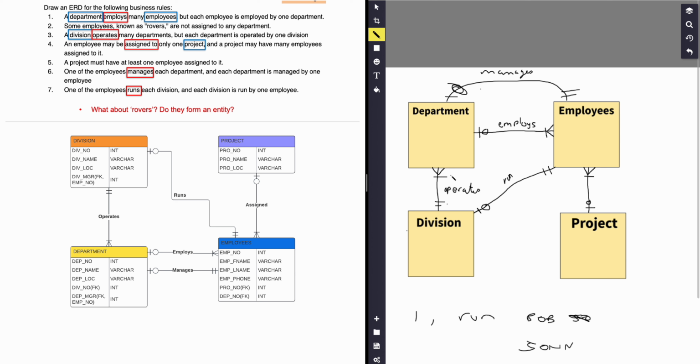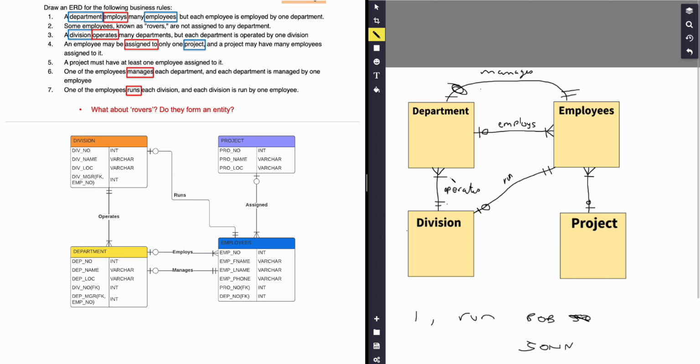So just remember that if you leave some of these things out, that's perfectly fine. Normally what would happen in real life, when it's not specified correctly in the business rules, is you would go to the particular company or organization and clarify that with them. Does every single department have a division related to it?